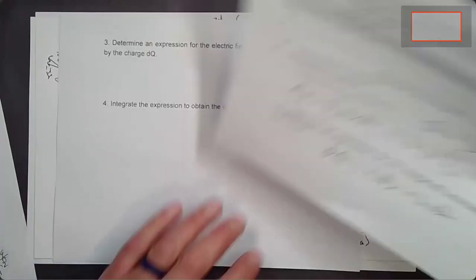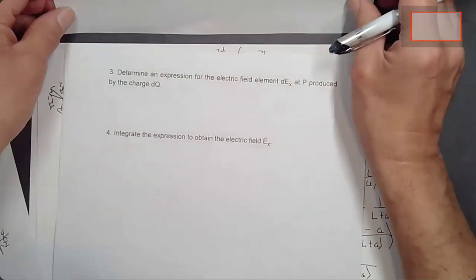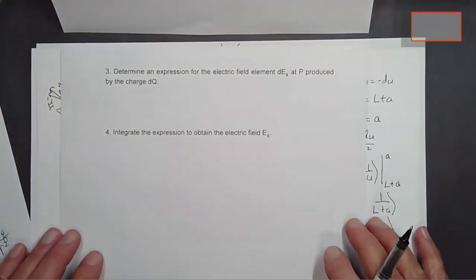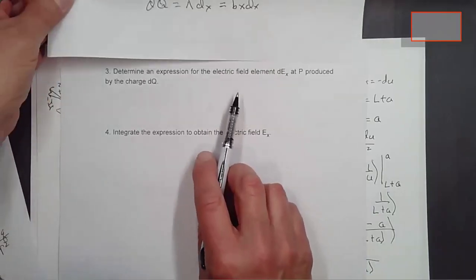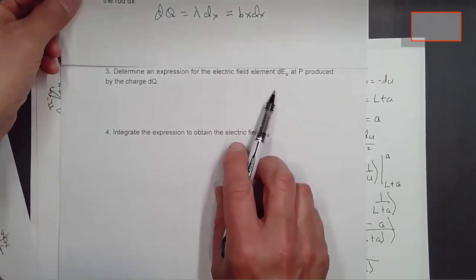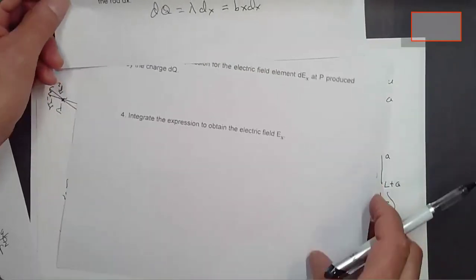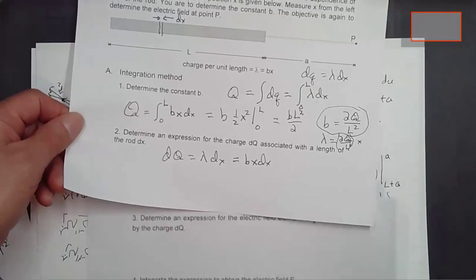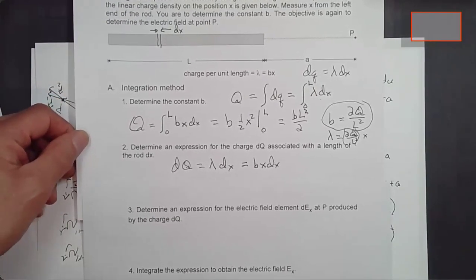But there's more to this problem. Next thing it says is determine an expression for the electric field element dE sub x at P that's produced by the charge dq. Maybe I'll just slide this thing down like this. I think you can still see most of that thing.